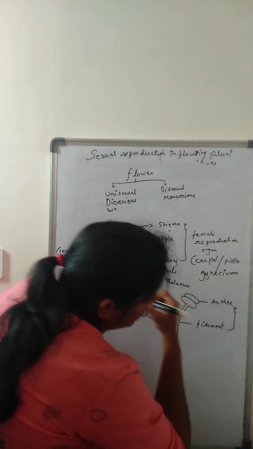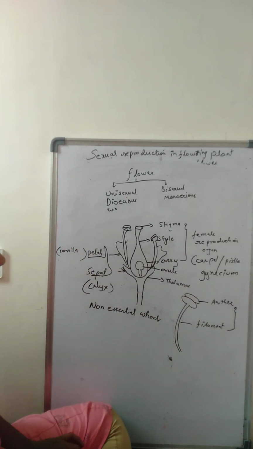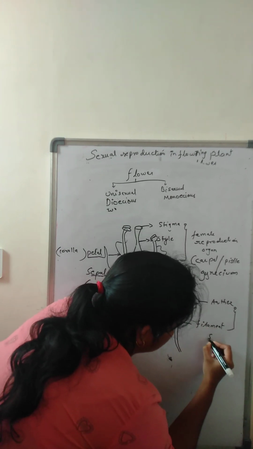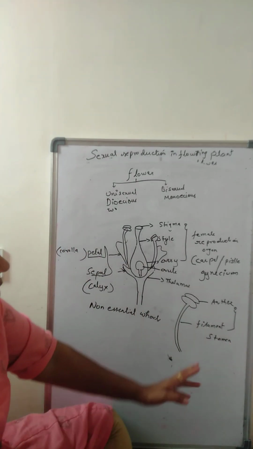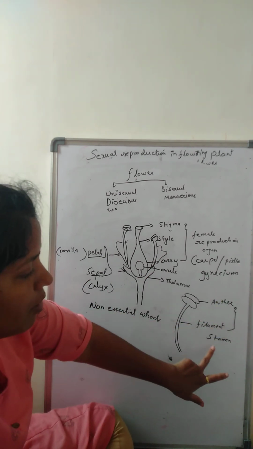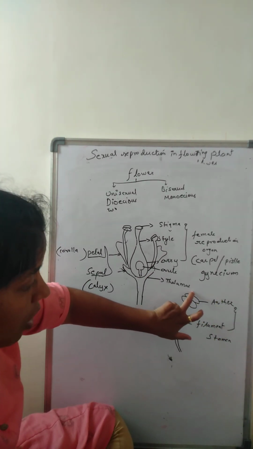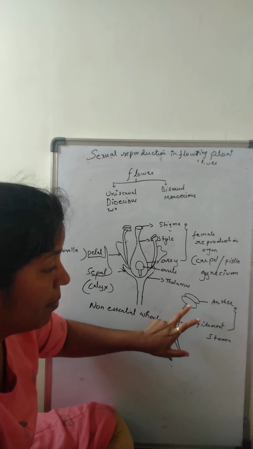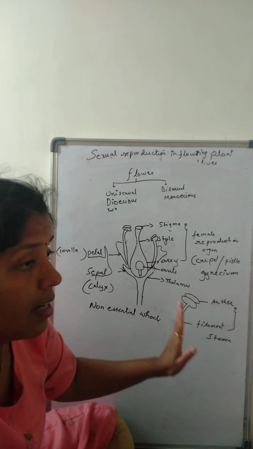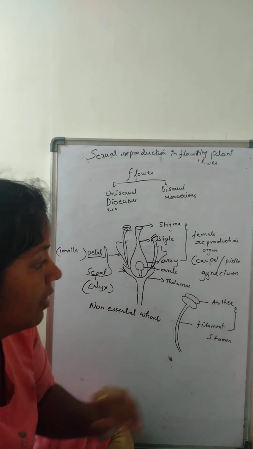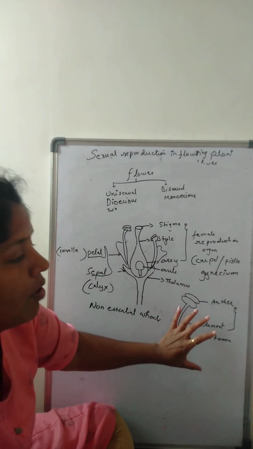This together is known as stamen. Anther and filament together form a stamen. This organ is known as a stamen, and this organ is involved as a male reproductive organ.